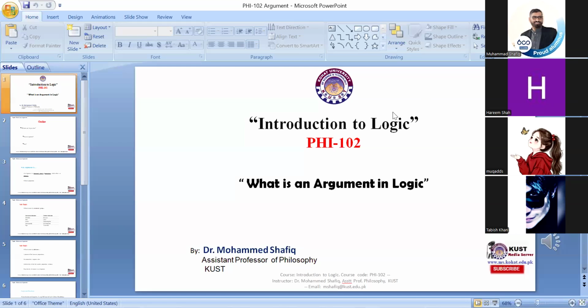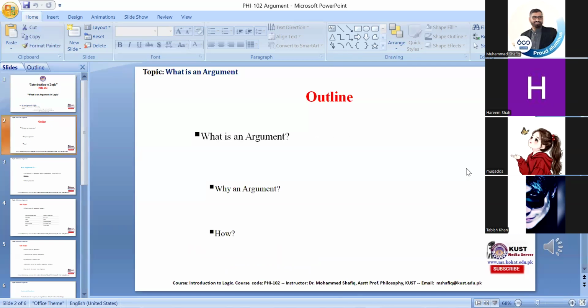In the last lecture we discussed propositions, and propositions are the building blocks of an argument. So today we are going to discuss what an argument is. This is the key concept around which the whole course of Introduction to Logic revolves.